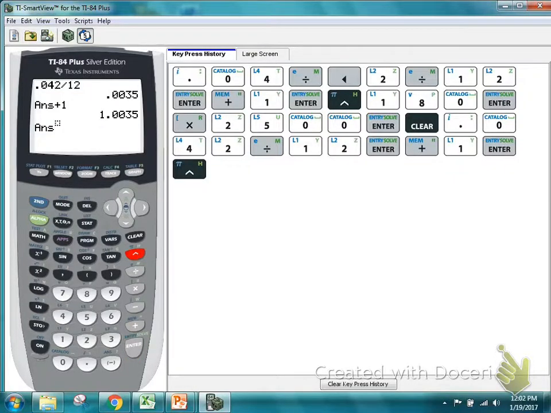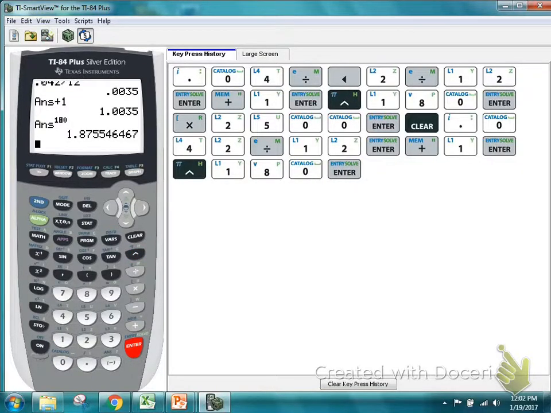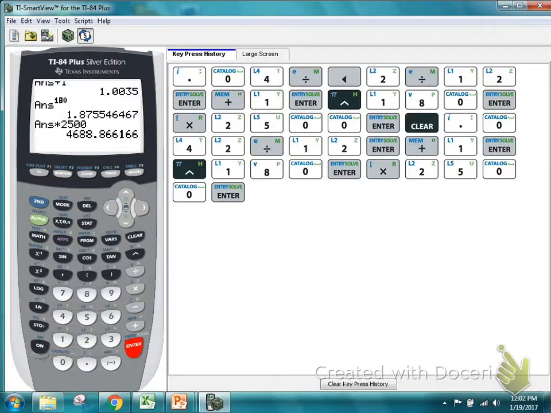You then do your exponent rule to take that to the 180th power. And then you times that by the 2500 that you started with, and then round. So hopefully you have that process. It's basically doing each order of operation within your calculator itself.